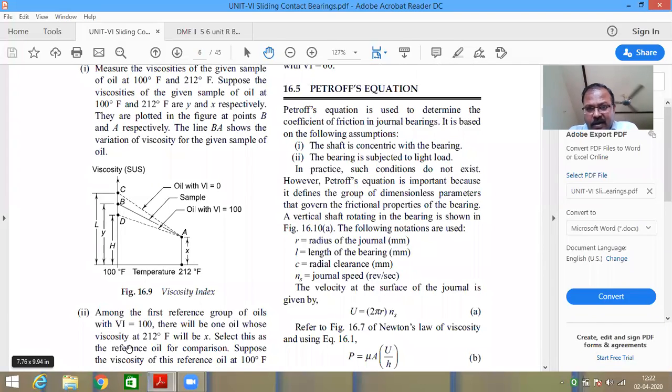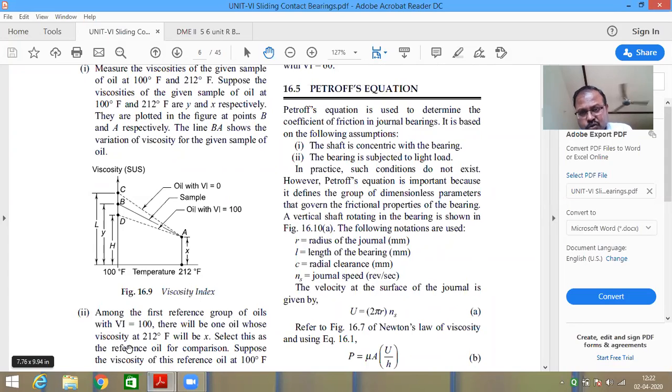Unless and until the journal acquires a certain speed, it will not come to the center, and a thick film of lubrication will not be formed. Once the thick film is formed, metal to metal contact will be avoided, and therefore friction should be very less. So in order to determine the coefficient of friction in journal bearings, we are using Petroff's equation.